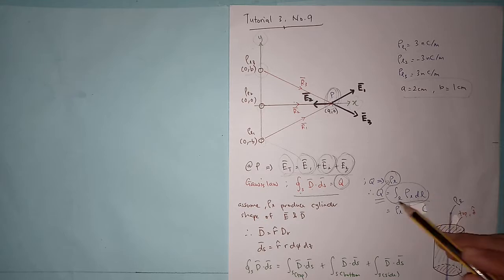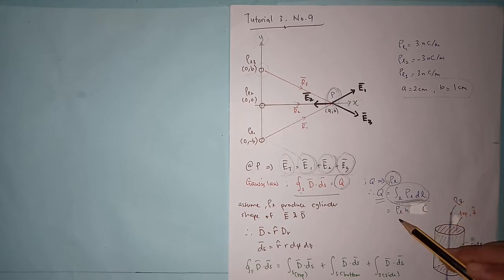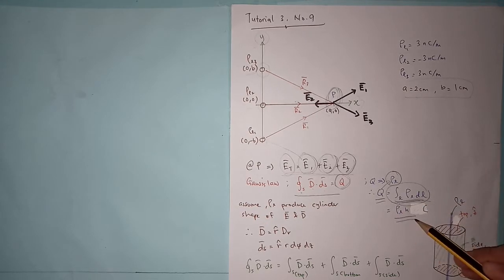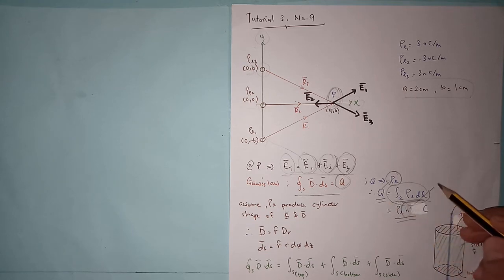The general solution for this integration is Q equal to rho L multiplied by H, where H represents the length of each rho L.